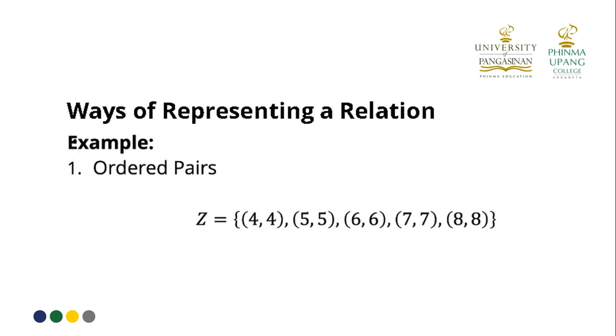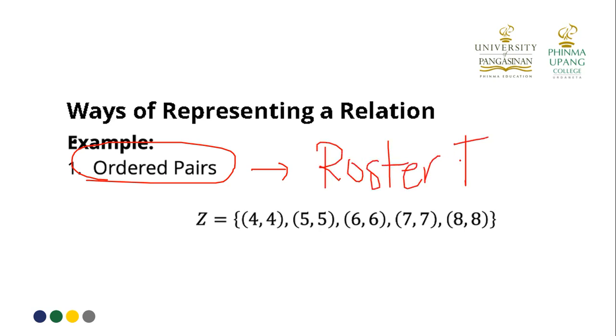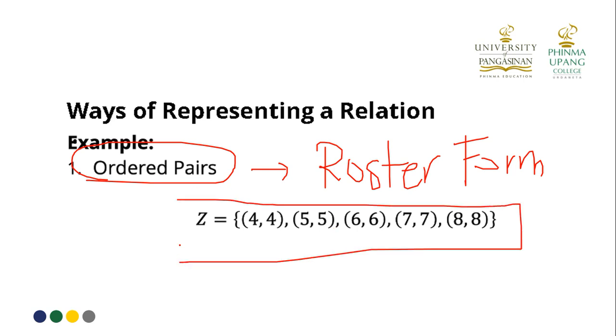Number 1 is the ordered pair. Ordered pair is x and y, or we can also call it roster form. So the first way in representing a relation is the roster form. What is the design of the roster form?